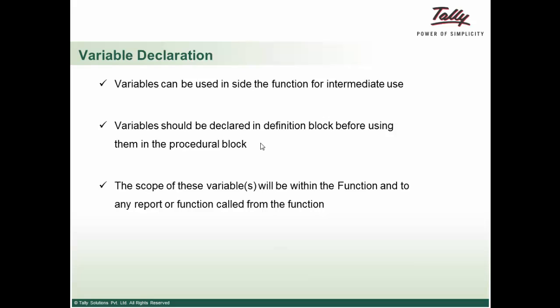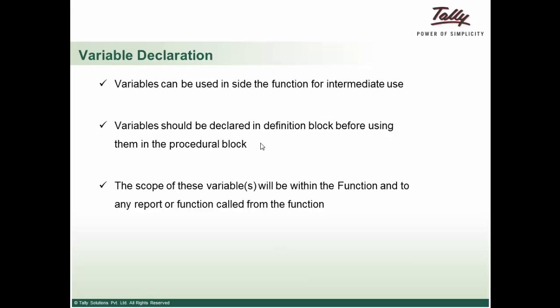Variable declarations. Parameter variables are those variables that will bring values from the user. However, variables can be used inside the function for intermediate use. Probably when you do some addition or subtraction, you need to hold the final value in another variable. You might require that variable, or it could be for some other reasons.